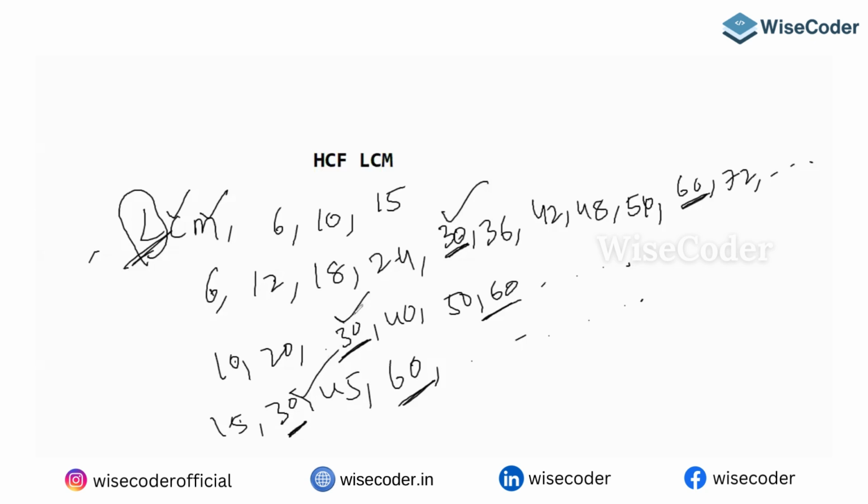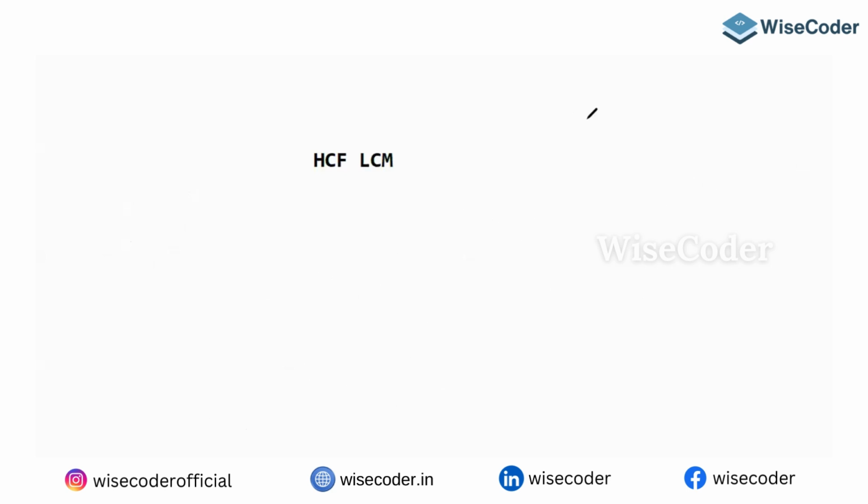When are we going to use LCM? A clock striking every 10 minutes, or a bus leaving every 10 minutes. When you think of a question, you will understand whether you want the multiples or the factors.